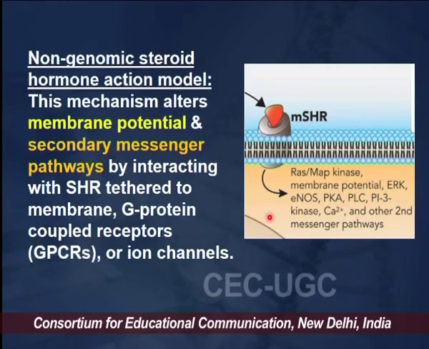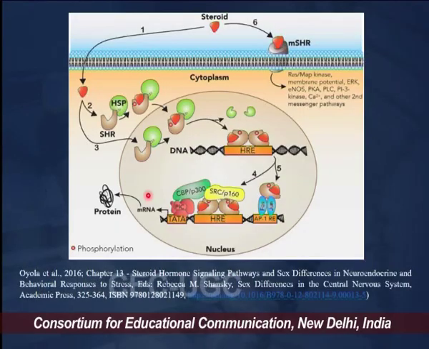As you will learn through this series of lectures, some of the hormones are specially meant to function slowly. Hence, the genomic action of steroid hormones plays a significant role in our physiology. Here I have kept one image wherein the entire pathway has been explained for ease of understanding. So this is how the steroid hormones act.